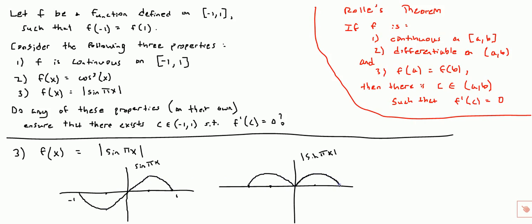Now it's evident that there is a kink in this graph at x equals 0. It looks like the derivative does not exist there. And this is probably enough for this problem. If you want to confirm that, then write it out as a piecewise function.